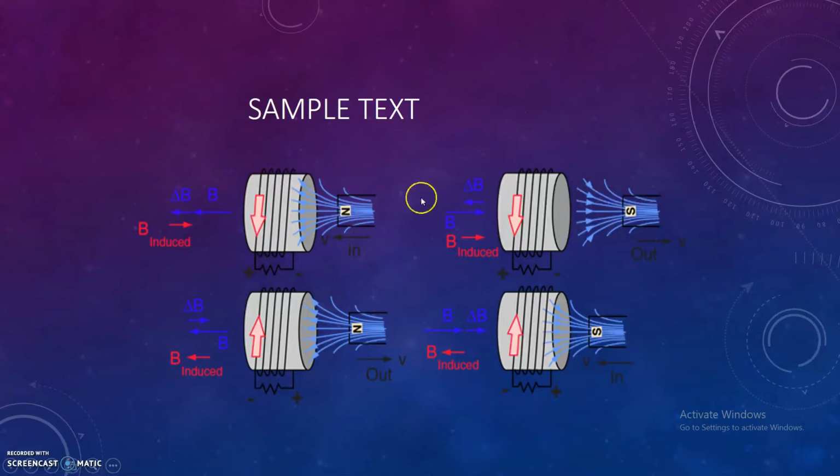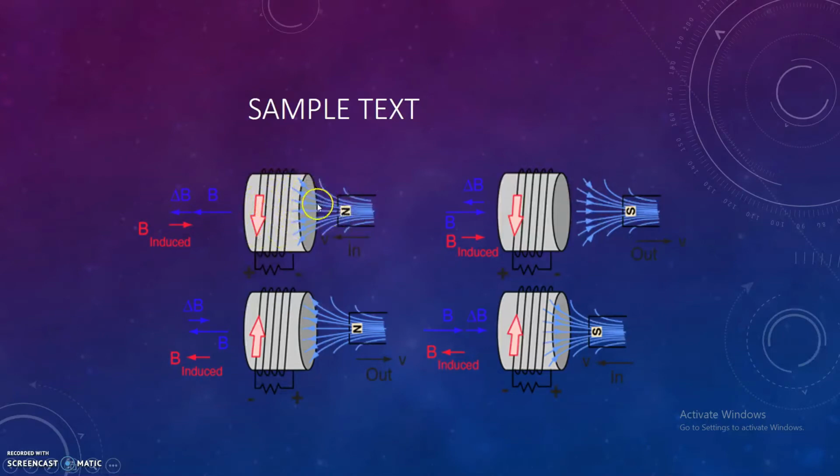Right, Lenz's law. When an EMF is generated by a change in magnetic flux according to Faraday's law, the polarity of the induced EMF is such that it produces a current whose magnetic field opposes the change which produces it. Now, the induced magnetic field inside any loop of wire or solenoid always acts to keep the magnetic flux in the loop constant.